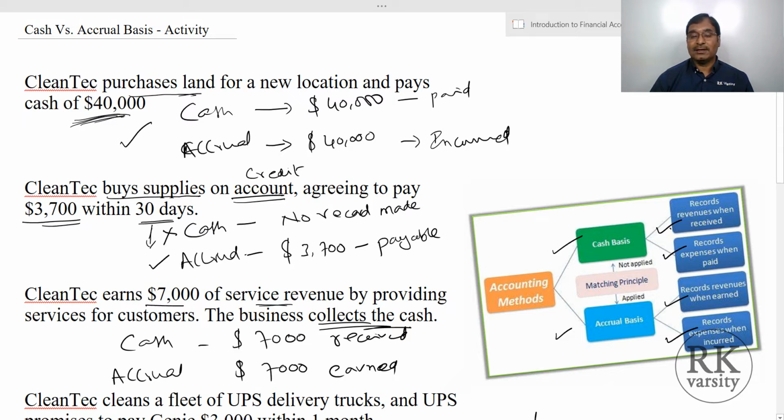That is, revenue needs to be recorded when it is earned, irrespective of whether cash is received or not. On the other side, when expenses are incurred, you have to record them irrespective of whether the cash is paid or the amount is payable.